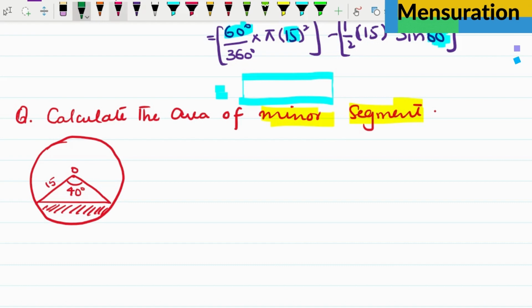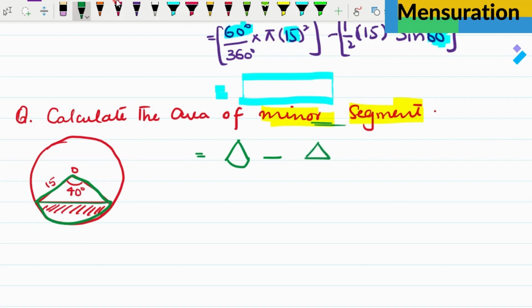How can we calculate the minor segment? We just need to take out this pizza slice. We will find the area of the pizza slice, and then we will subtract it from this triangle, right?